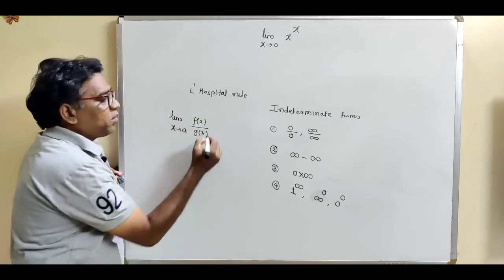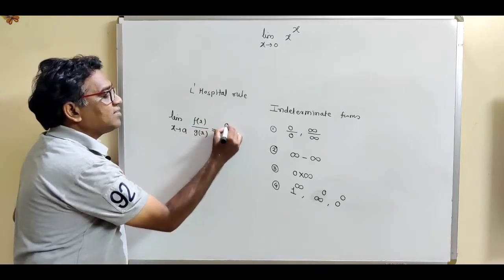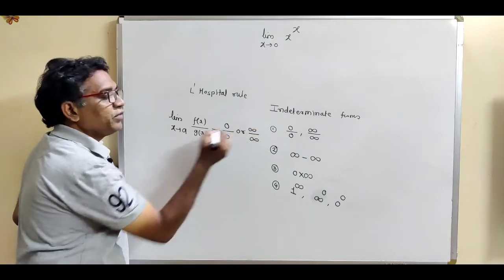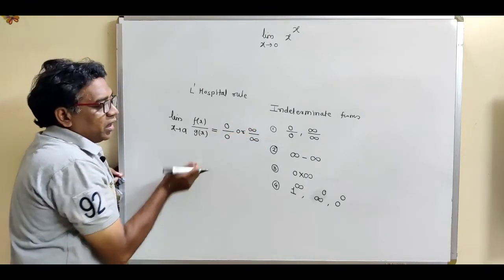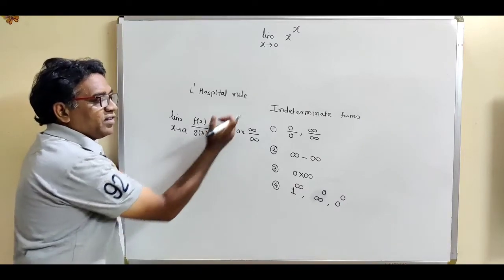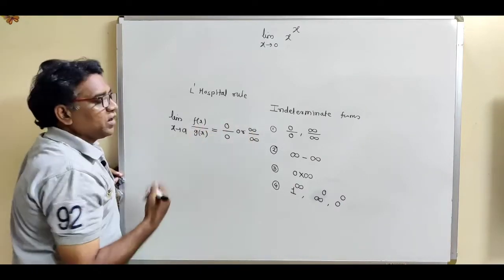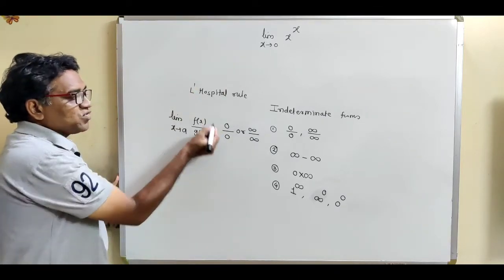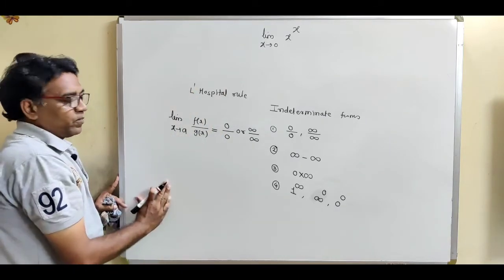If the limit form of division is in either 0 by 0 or infinity upon infinity form, then according to L'Hopital rule, we can solve such a type of limit.